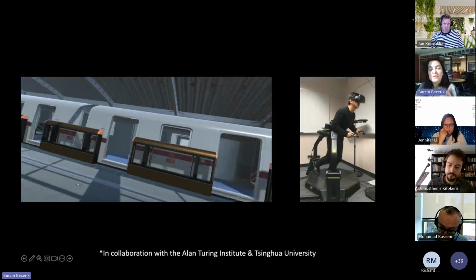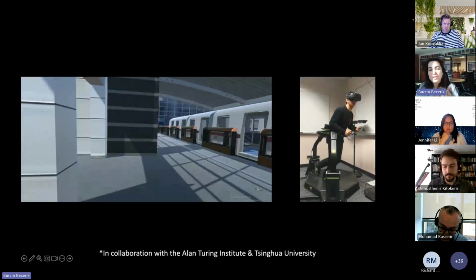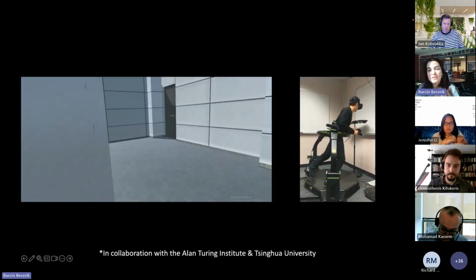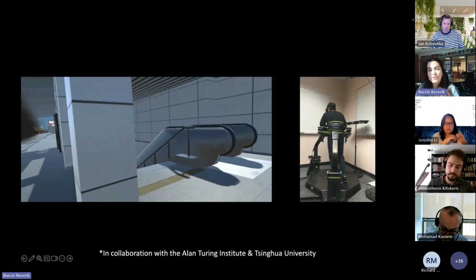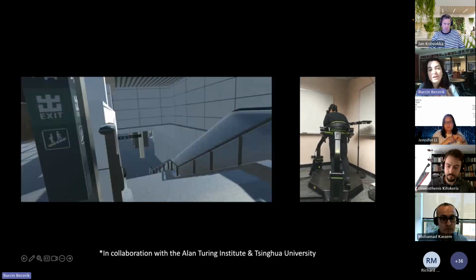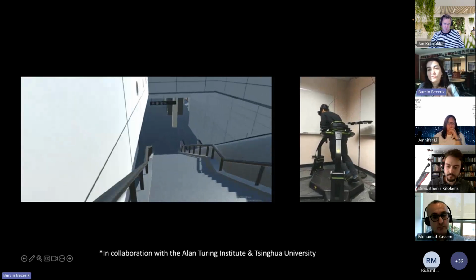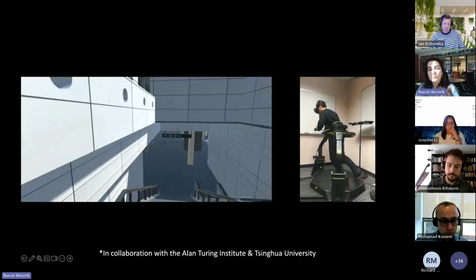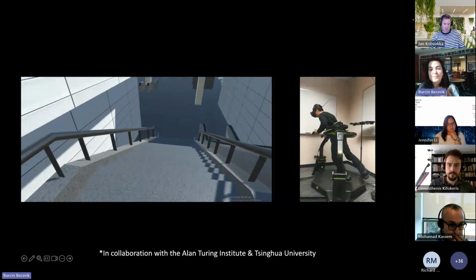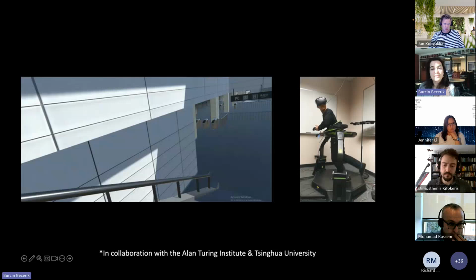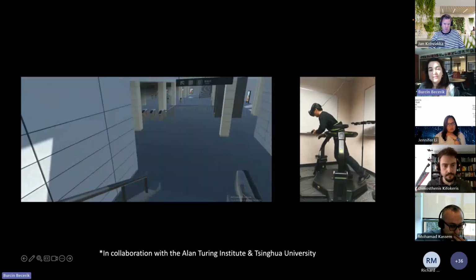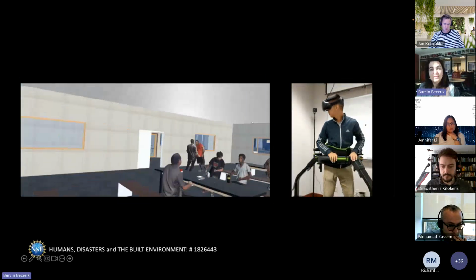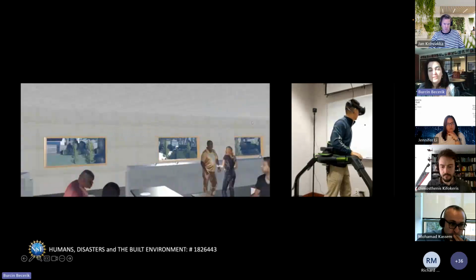So we use virtual reality for collecting data for emergencies because we found the ecological validity to be high, and it's really difficult to replicate emergencies in buildings. And we have a number of experiments that we have conducted with these methods, creating different emergencies.